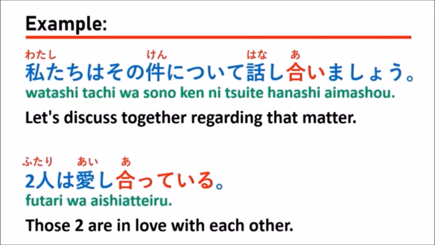When we cut the masu off the verb, there is still only aishi left, followed by ai, so we can say aishi atteiru, which means those two people love each other. For example, I love you and you love me, each other.